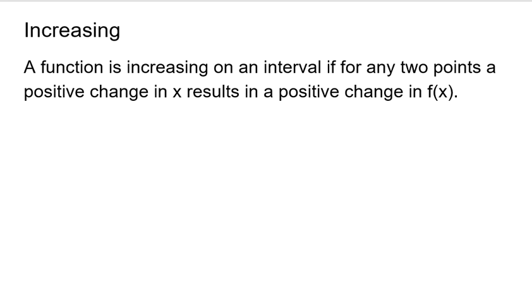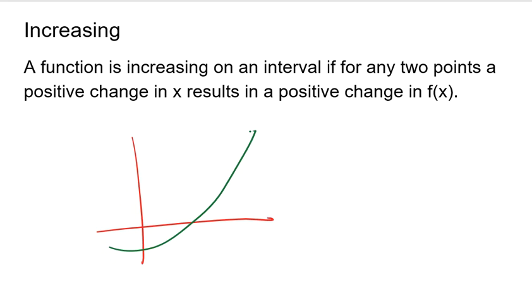All right, so first off, let's talk about increasing. A function is increasing on an interval if for any 2 points a positive change in x results in a positive change of y. So if we're thinking about a graph here, and we have a function that maybe is doing something like this, we would say, okay, on the interval from A to B, any increase of x starting from A and going to B results in a positive change for f of x.